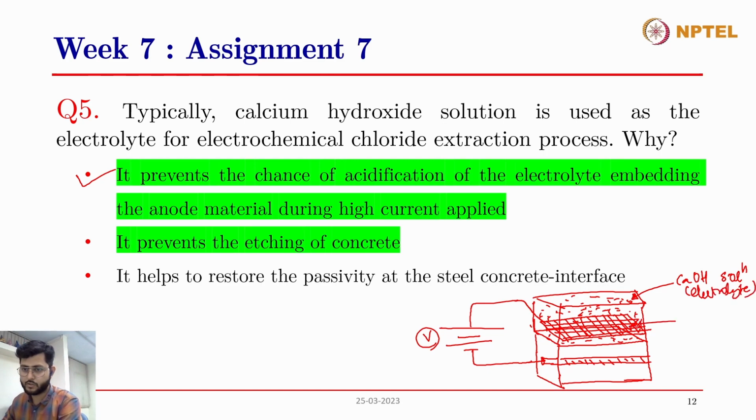This is the metallic mesh, anode. This is the steel rebar. The chemical formula for calcium hydroxide will be Ca(OH)2, because calcium has two positive valence.